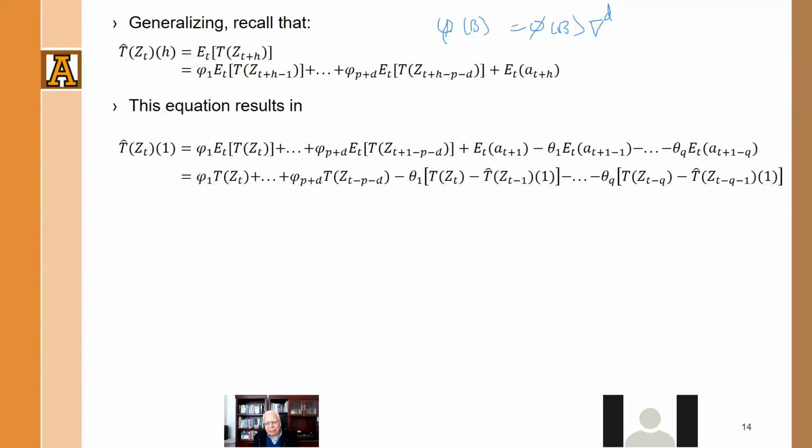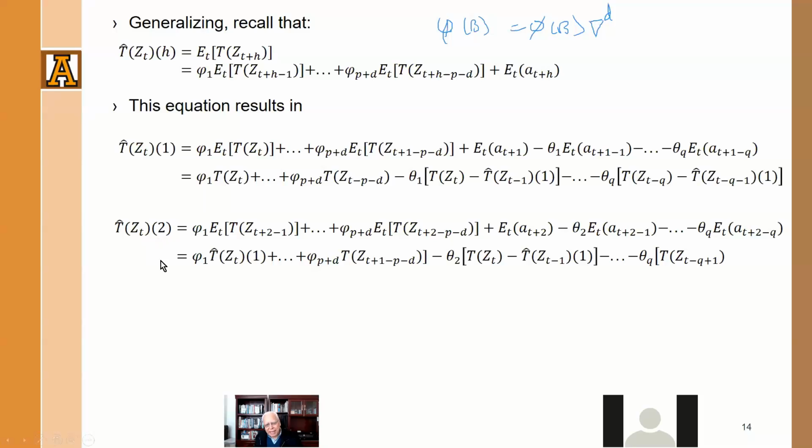For h equals 1, that will be the optimal forecast one period ahead subtracted from the actual observation at time z_t. We know z_t, so we know the forecast of z_t, and we just subtract what we forecasted one period before.